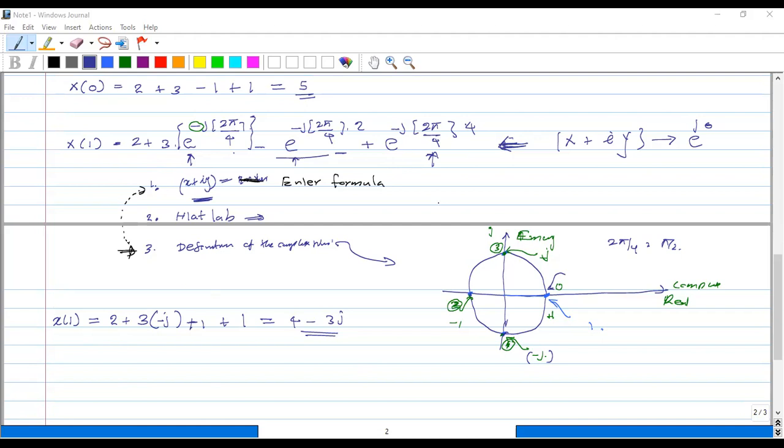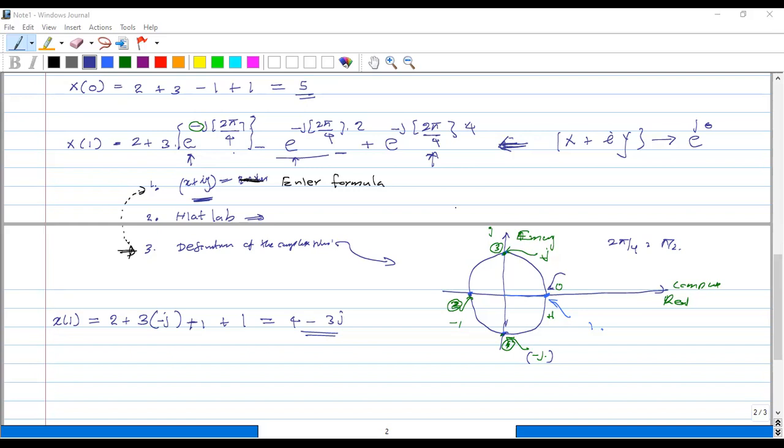I wrote 2 plus e to the power, and I have missed 3 here. So this term will be multiplied by 3.